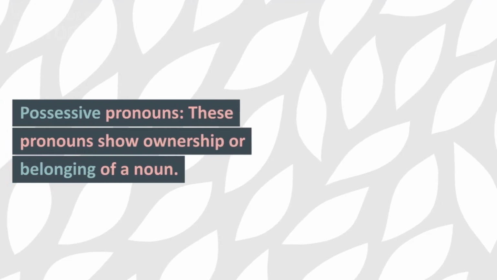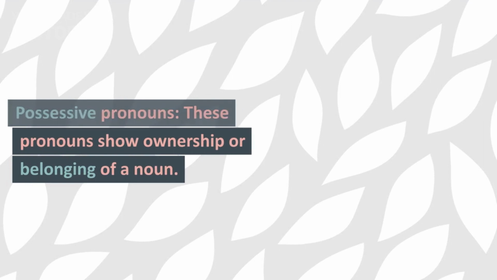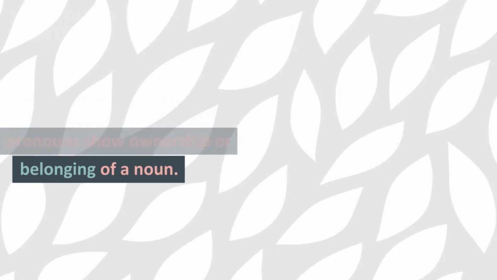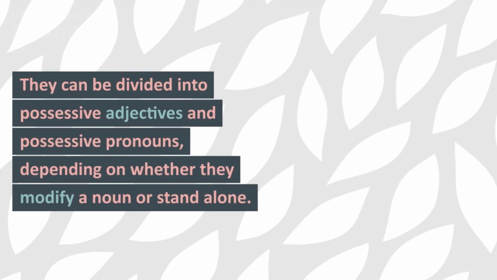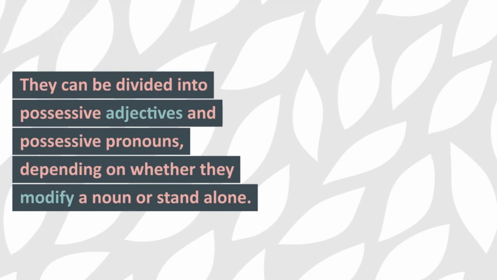Possessive pronouns. These pronouns show ownership or belonging of a noun. They can be divided into possessive adjectives and possessive pronouns, depending on whether they modify a noun or stand alone.